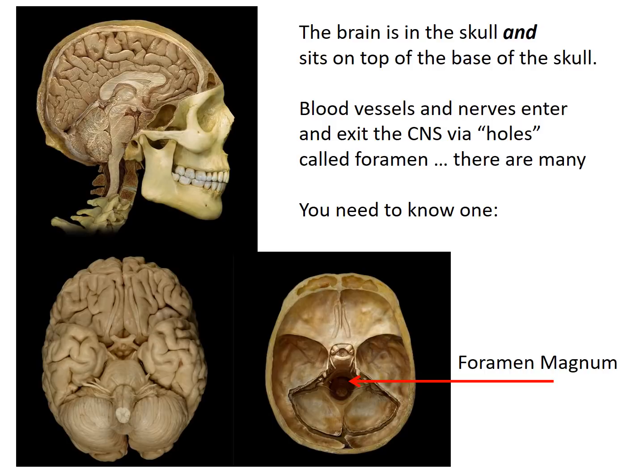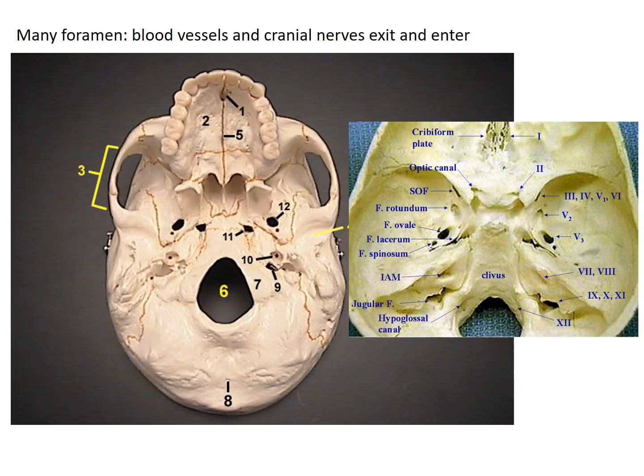Now you have to think in 3D here: pick up that brain, invert it, and place it on the base of the skull, like you're doing a puzzle. The frontal lobes go anterior, the temporal lobes go in the center, the cerebellum goes in the posterior fossa, and then that brainstem and spinal cord go right through the foramen magnum.